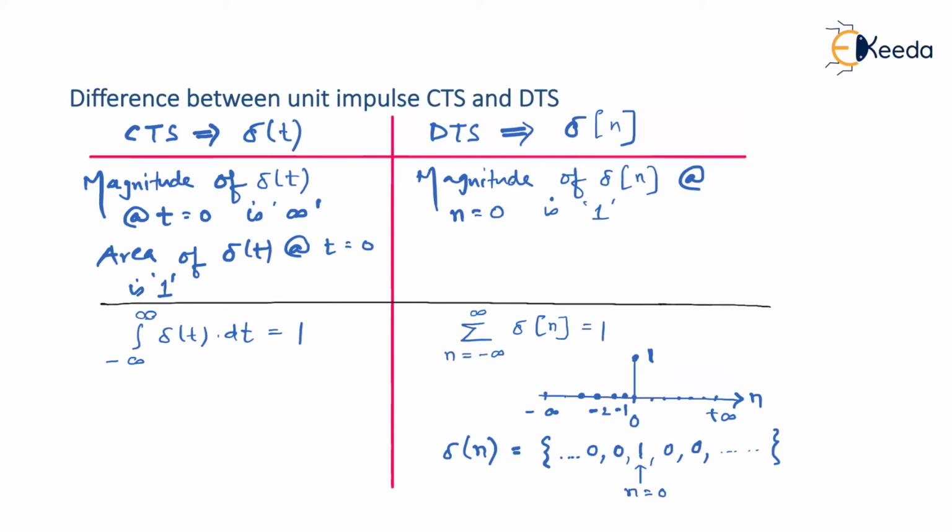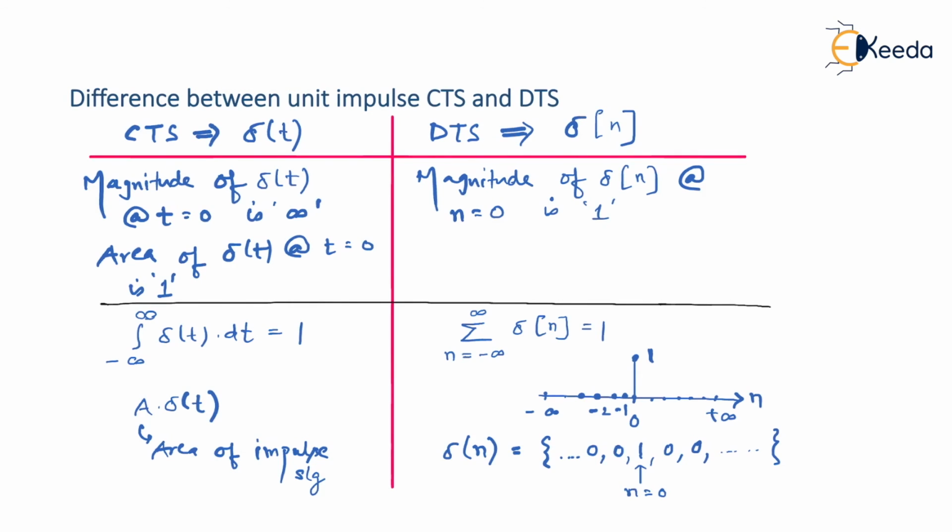One more thing I can tell you about this. In continuous time signal, if we write a times del of n, then what is a? In the case of continuous time signal, we don't write n, we write t, so we need to correct this. When I write a dot del of t, we know that a is the area of the impulse signal. But that's not the case in discrete time signal.